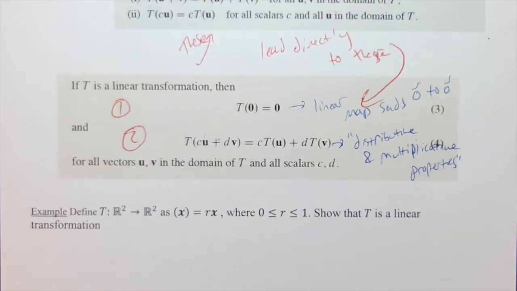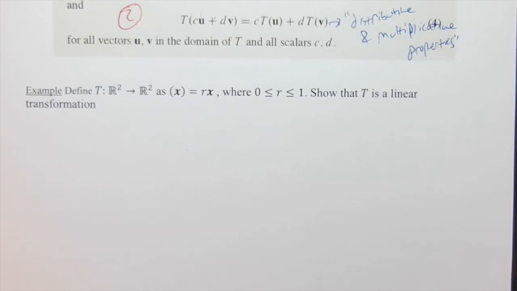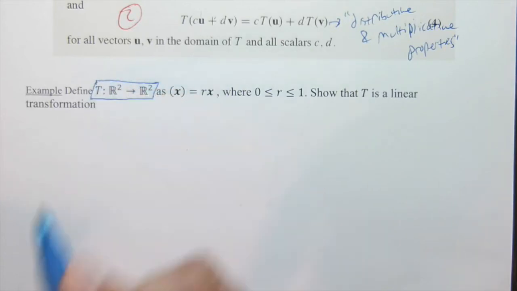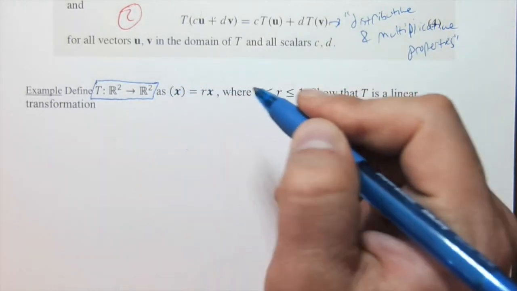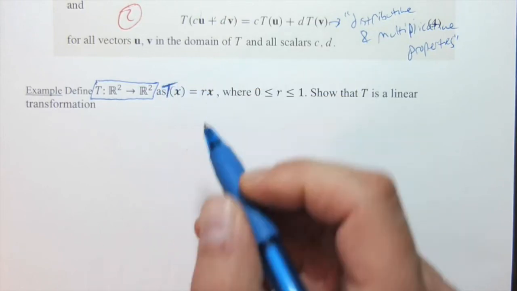And so let's use these properties to show that we've got a linear transformation. Let me bring that last page back. All right, we've got our linear transformation from the last page, going from R2 into R2. I just realized this is missing a T for some reason. This should be T of x.